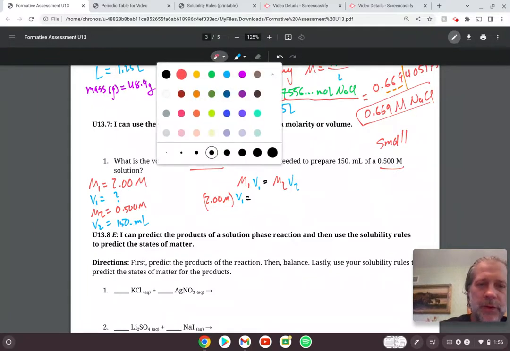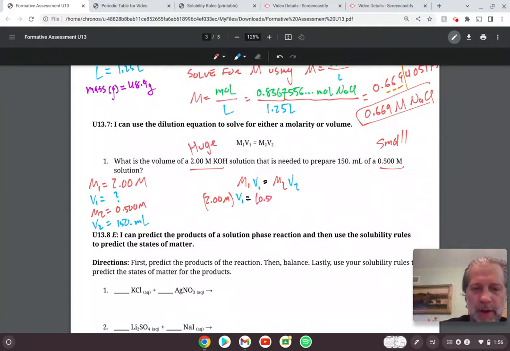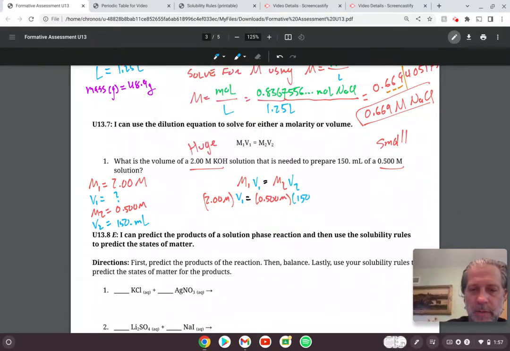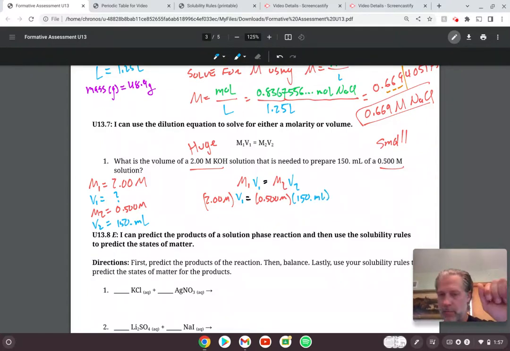I have M2, which is 0.500 molar, and my V2 that I'm going to make is about 150 milliliters. I'm going to combine what I can, so 0.5 times 150 is about 75.